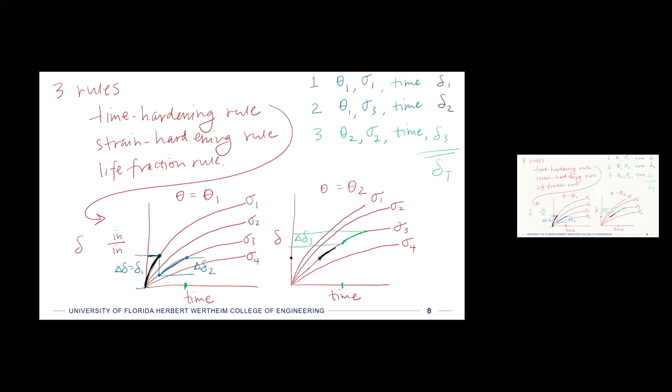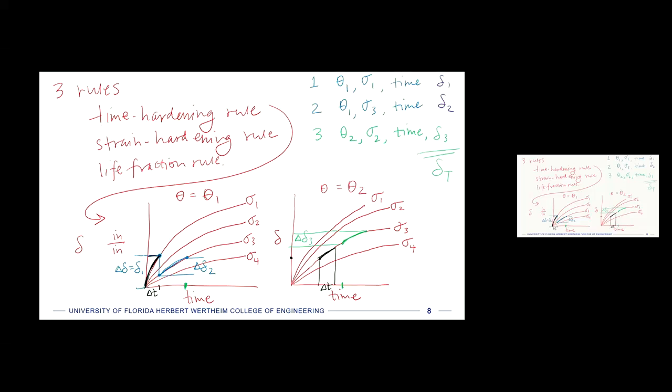And then what we would do is count up the amount of time that it took to go between those strain levels, and then this time here, and we'd add those time periods together, and we go back and forth based on the strain instead of the time. All right, so it's just a flipped understanding.